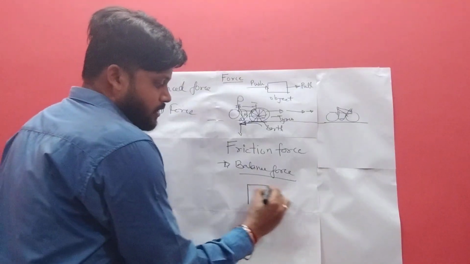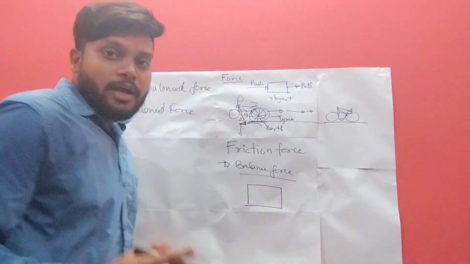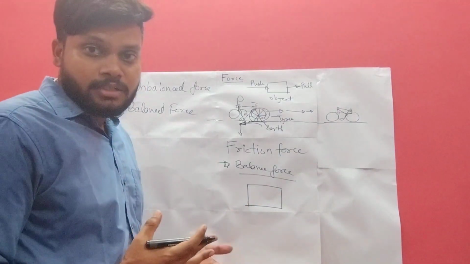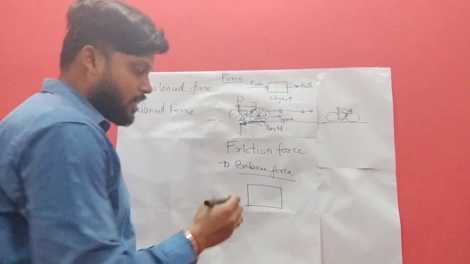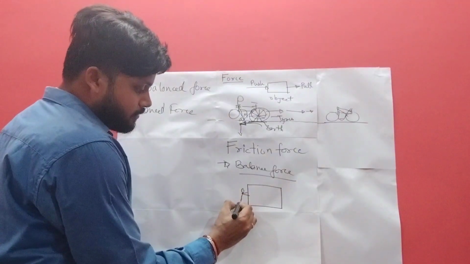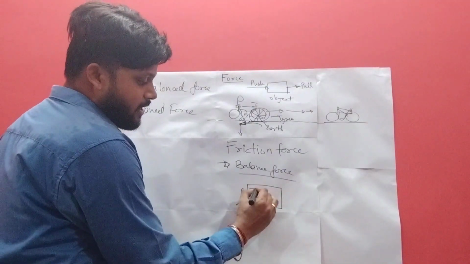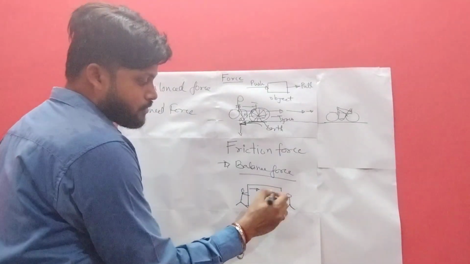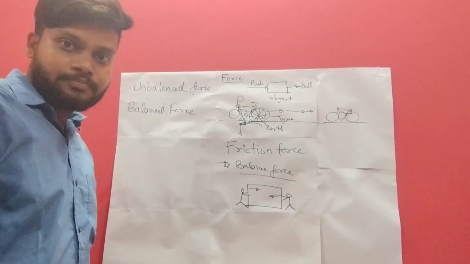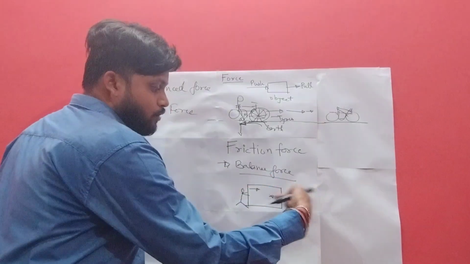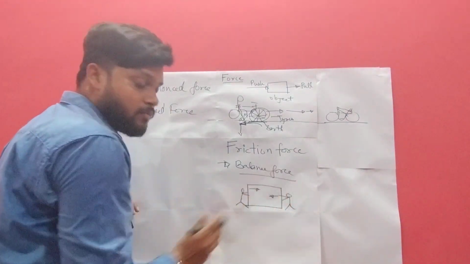Suppose you and your brother are applying force on an object equally. For example, you are pushing this object in the forward direction, and at the same time, your brother is pushing it in the opposite, backward direction.